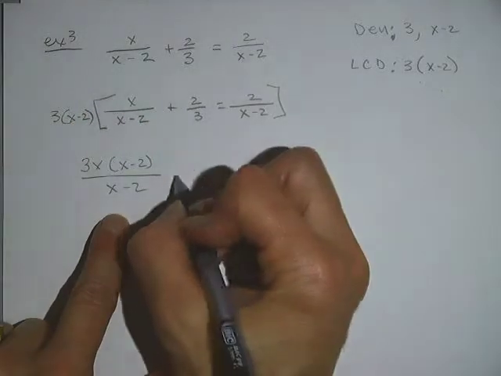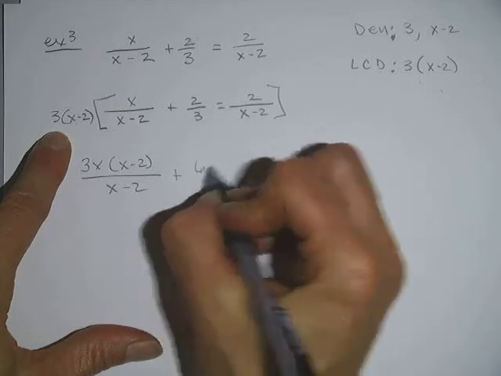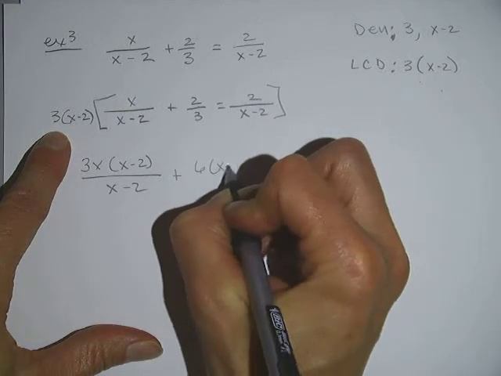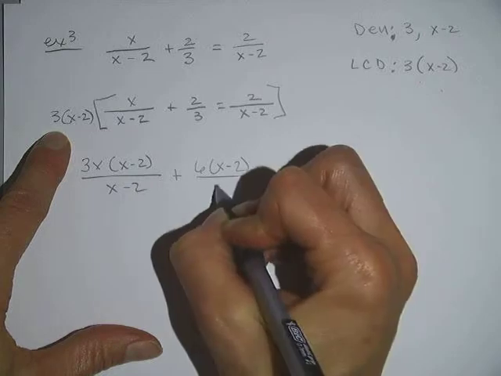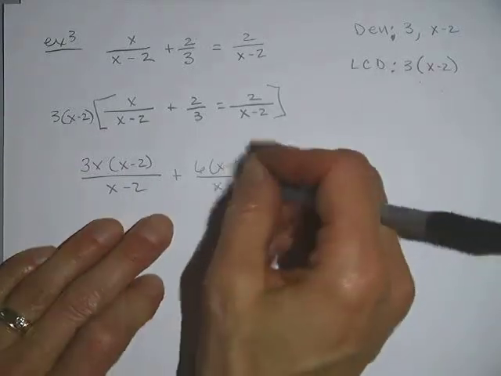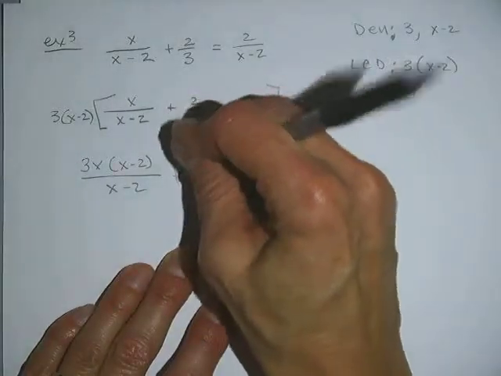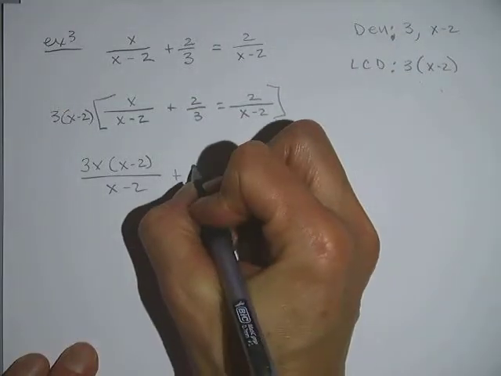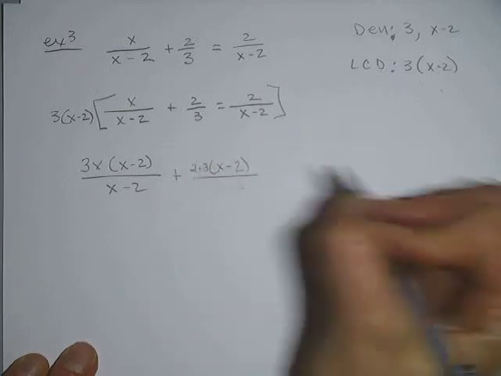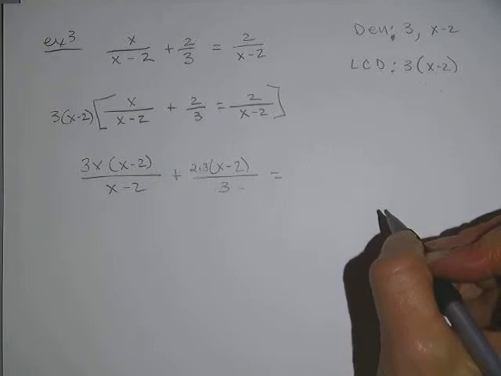Do you see that on the first one? This times this. Then this times 2. Oops, this was 3 down here. Instead of making that 6, I'm going to leave it as 2 times 3 for right now.